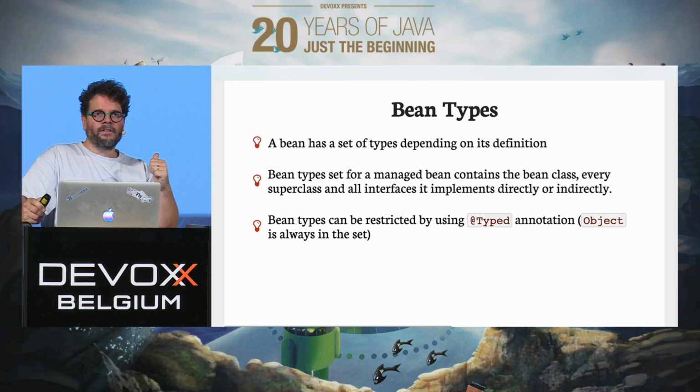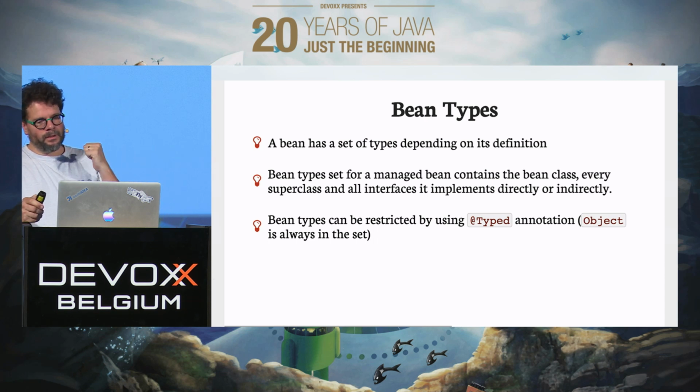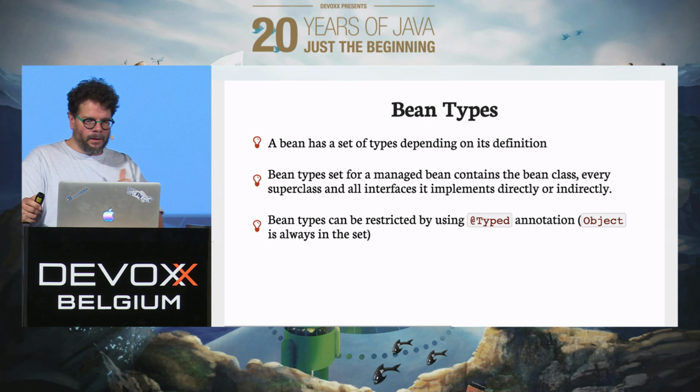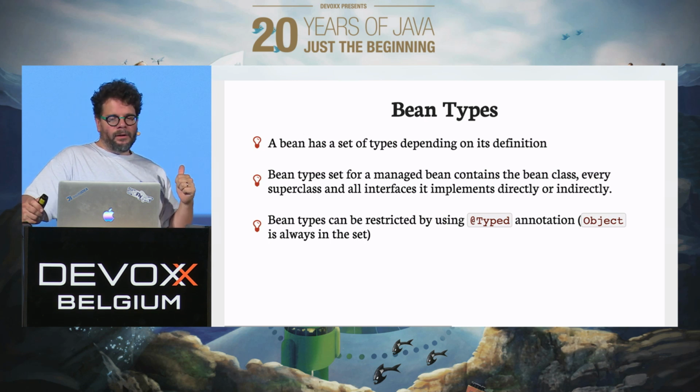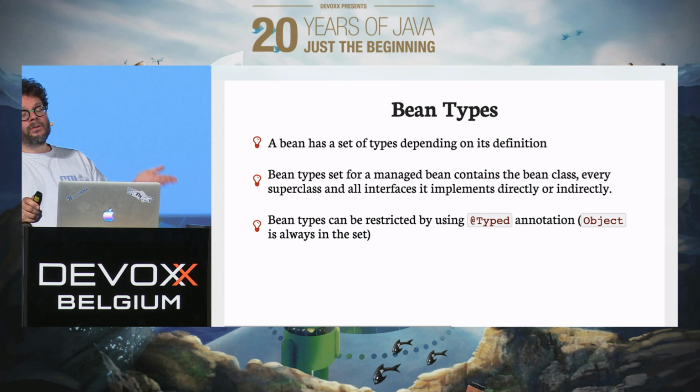So you have this set of types defined for a given bean. For a standard bean, the set of types for the bean will be the bean class, every superclass, and all interfaces that it implements, and it will go until the Object class.